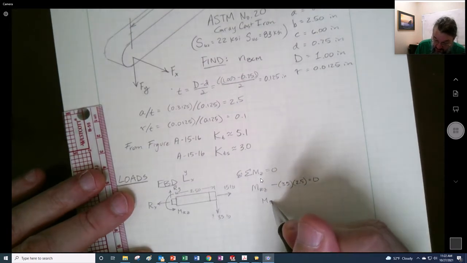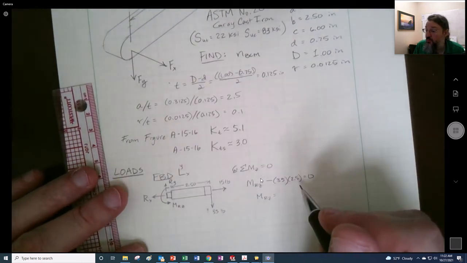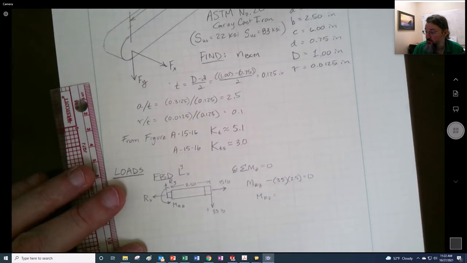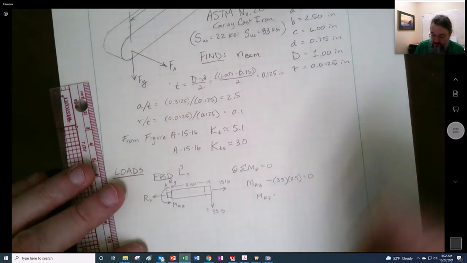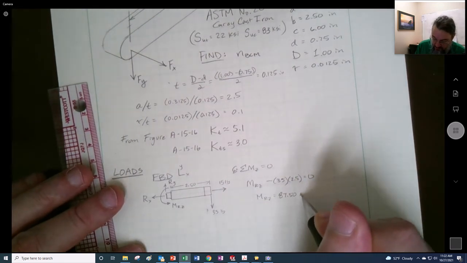Not a thrilling result, but worth calculating. Am I that lazy? Am I just going to do it this way? Yeah, sure. I think it's 88. Should be 88. I have mine on here. I have it in Excel. That's what I'm looking at over here on the side. Oh, 87.5. Look at that. 87.5 inch-pounds.